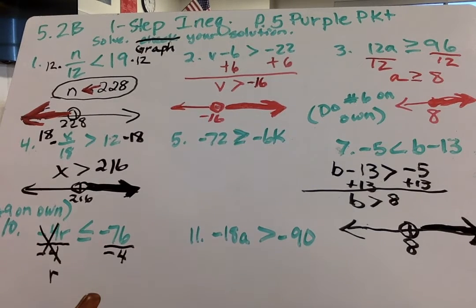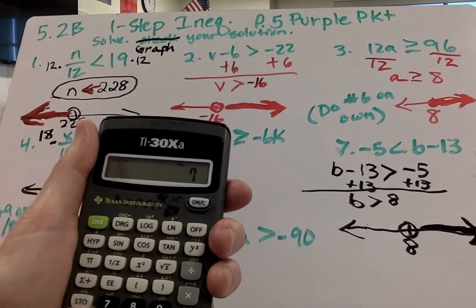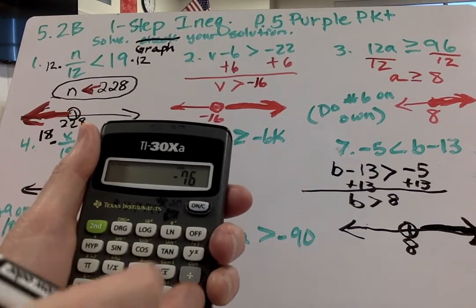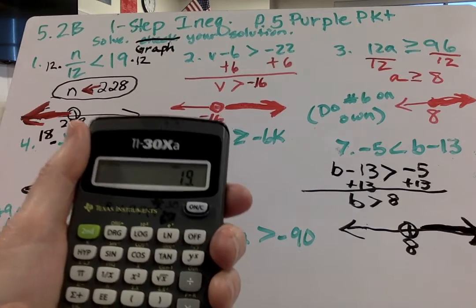Now, here's the trickster part. Whenever you divide or multiply by a negative number, you must switch the sign. So instead of less than, it's greater than. And 76 negative divided by 4 negative is 19.